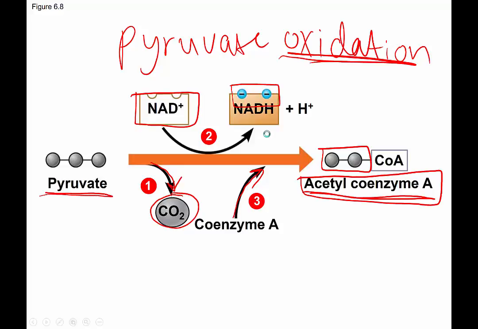It then becomes oxidized, so it loses electrons and reduces NAD+, which becomes NADH. So that NAD+ gains electrons, pyruvate loses electrons. And lastly, we have coenzyme A attached to that 2-carbon molecule to make acetyl coenzyme A. So as we're going to see, this acetyl coenzyme A molecule is going to play a huge role in the citric acid cycle, which is the 3rd step of cellular respiration.